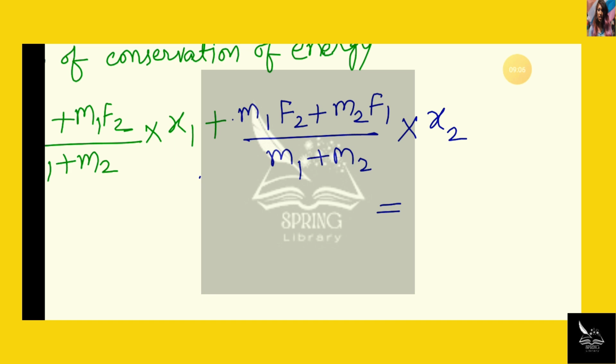Here I will write half multiplied by k, the spring constant, times x1 plus x2 whole squared.